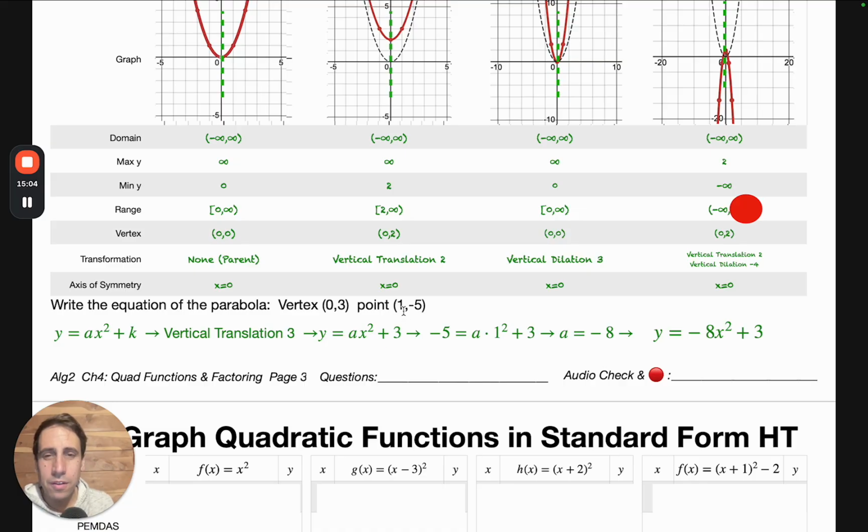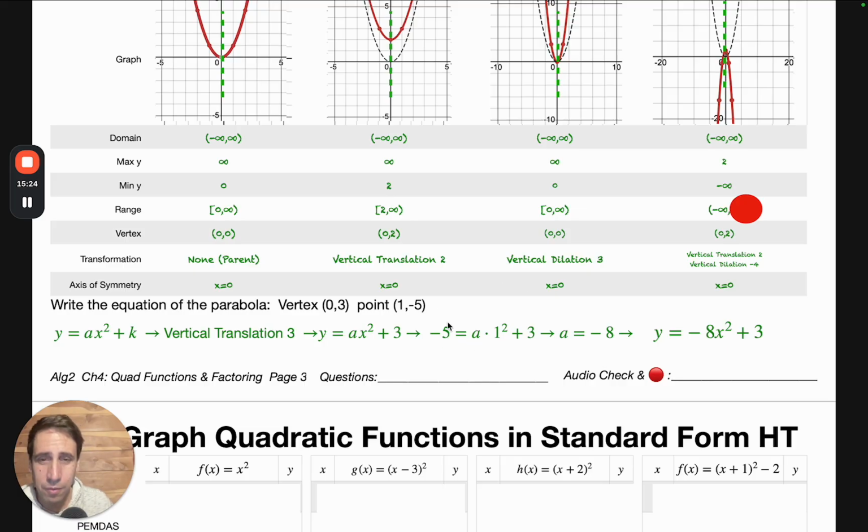And then if the parabola had to go through the point 1 comma negative 5, we could put this for x and this for y temporarily, and then solve for a. The y value is negative 5 and the x value is 1.